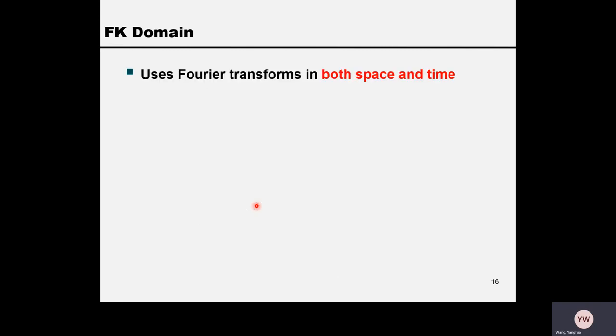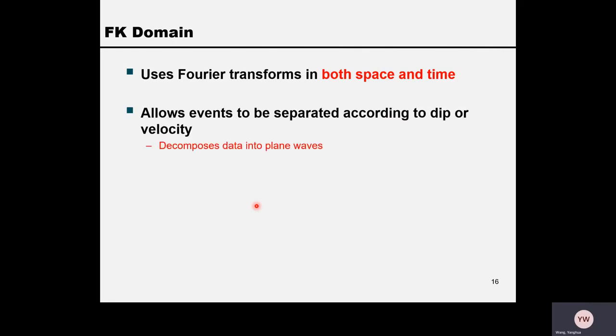In the FK domain, we do the two-dimensional Fourier transform. One Fourier transform is done with respect to time. Another transform is done with respect to the space position. So that's two-dimensional.